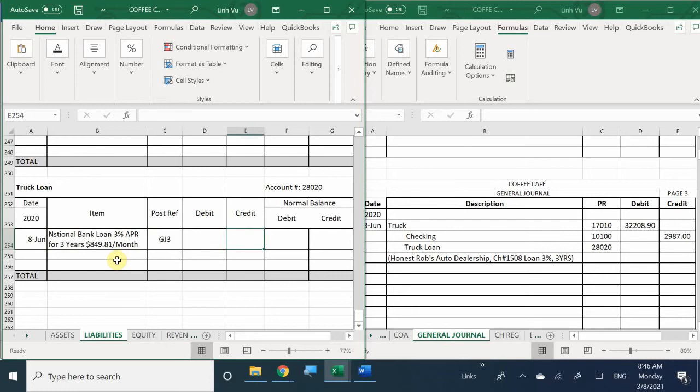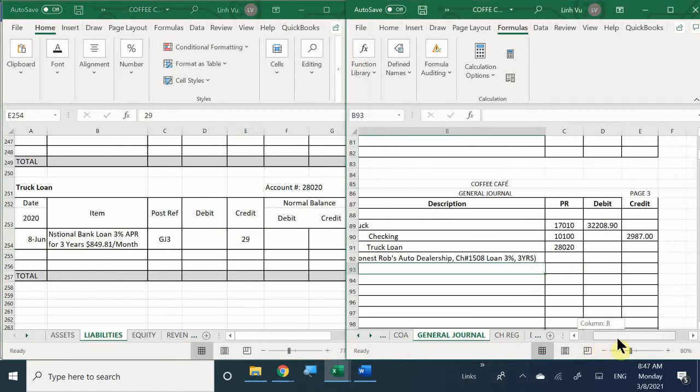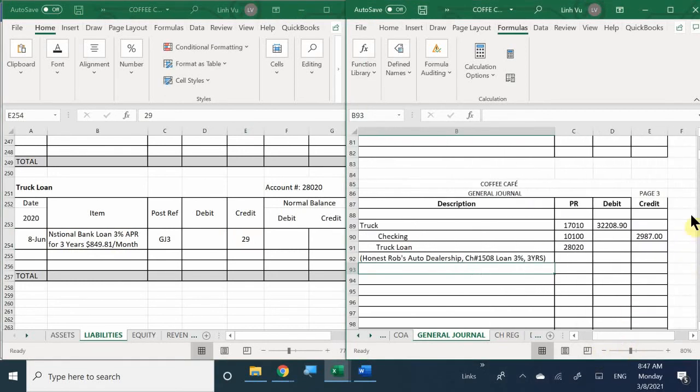So we're going to credit for the... Oh, I didn't even journalize that. If you want to make sure that your journals match on both sides, you can take the original amount and subtract out the down payment.